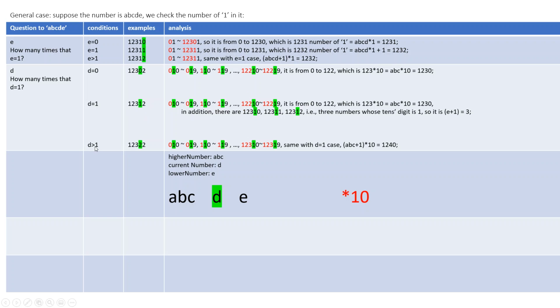It means that d is larger than 1. So when d is larger than 1, we actually can form another subset with 10 numbers, right? Before we could not form it because there are only three numbers in the final set. But currently we can because d is larger than 1.